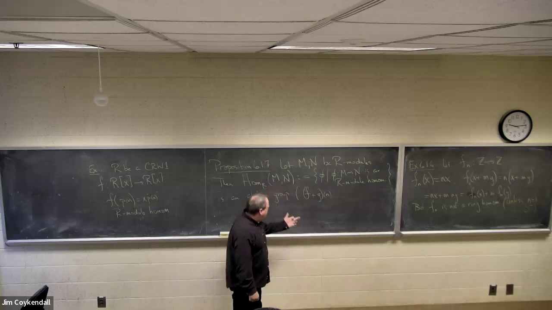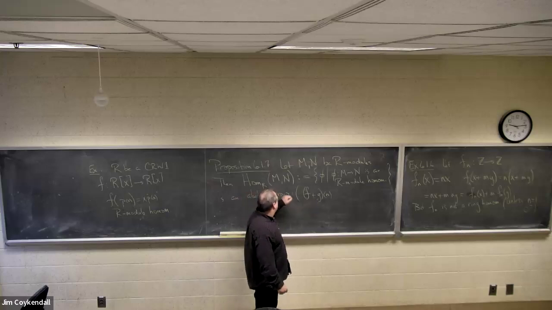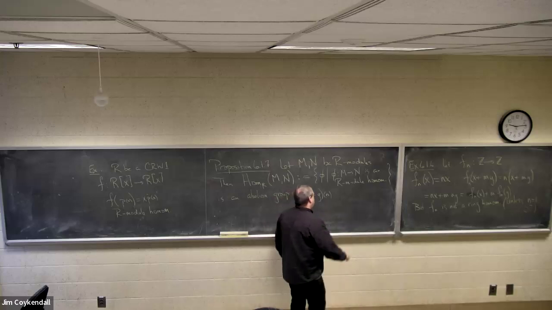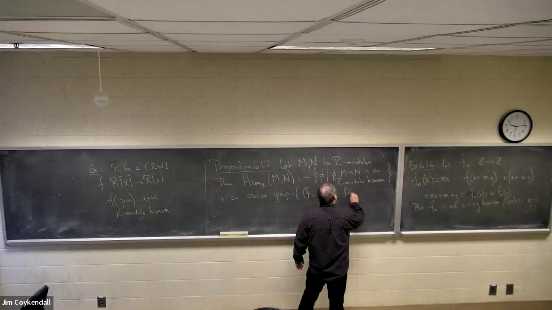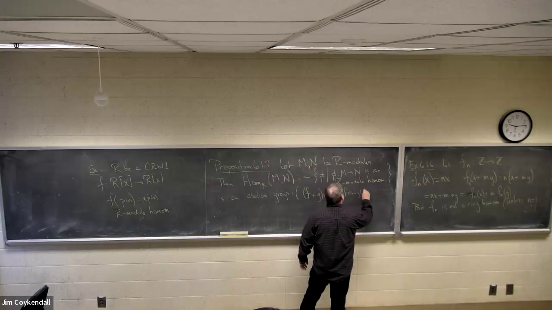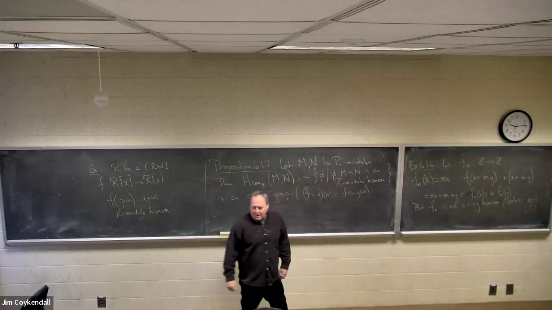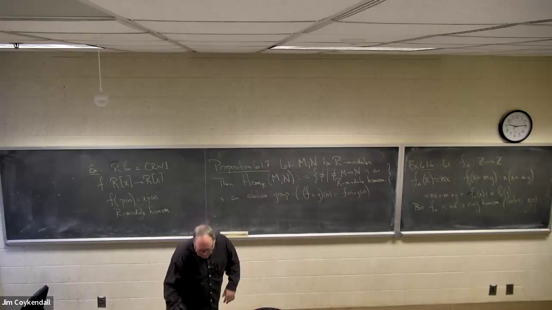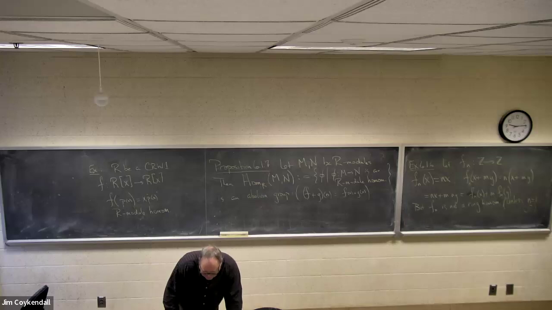And here's the way we define the addition in our abelian group. If f and g are both homomorphisms from M to N, then I define the new homomorphism f plus g of n: its output is just f of n plus g of n. So it's just pointwise addition of the functions. It's easy to check that this is again an R module homomorphism.